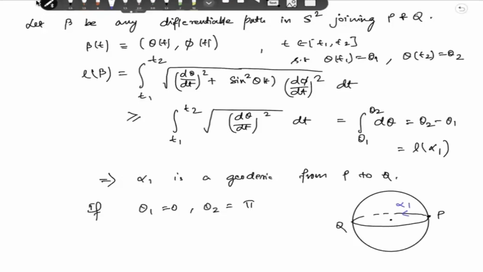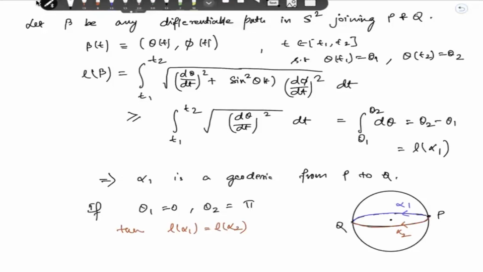So alpha 1, and let us call this my alpha 2. So we have two choices. We can check that the length of alpha 1 is equal to the length of alpha 2.